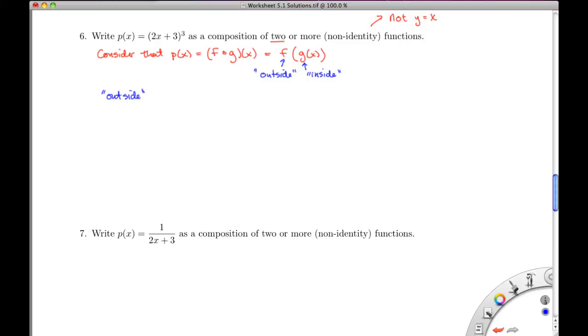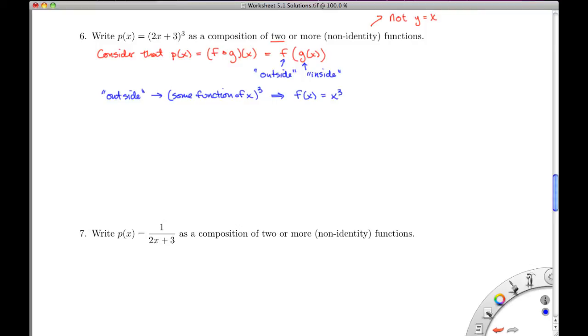On the outside of p, we are taking some function of x, and we're going to generalize it. We've got some function of x and we're cubing it. So the outside function is taking something and cubing it. This is going to represent our function f of x. More specifically, it's some input, which we'll worry about later, cubed.